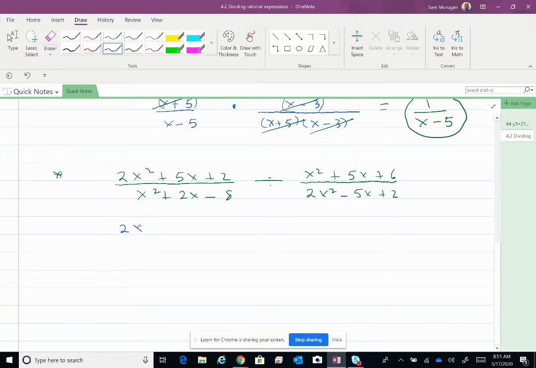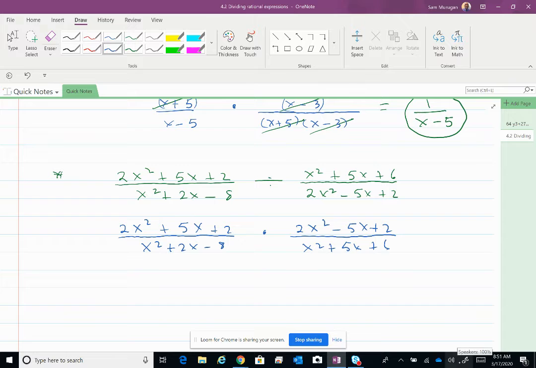We've got 2x squared plus 5x plus 2 over x squared plus 2x minus 8 times 2x squared minus 5x plus 2 over x squared plus 5x plus 6. So now we have to go ahead and factor here.